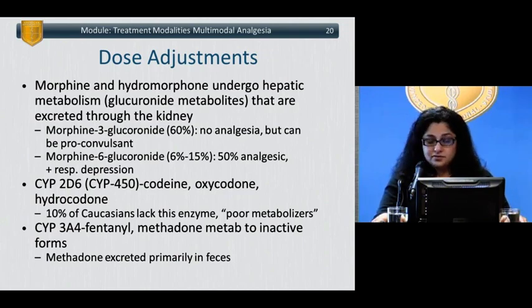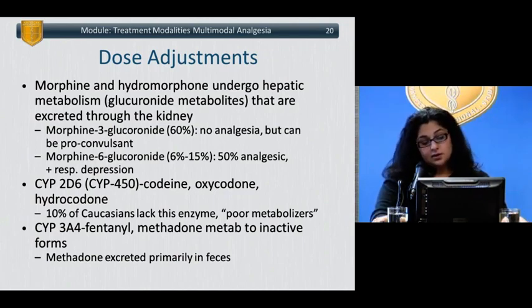Earlier, I mentioned that there's genetic predisposition to certain opioids. About 10% of our Caucasian population are considered poor metabolizers of certain opioids that rely on cytochrome 2D6 and the cytochrome P450 system: codeine, oxycodone, and hydrocodone.